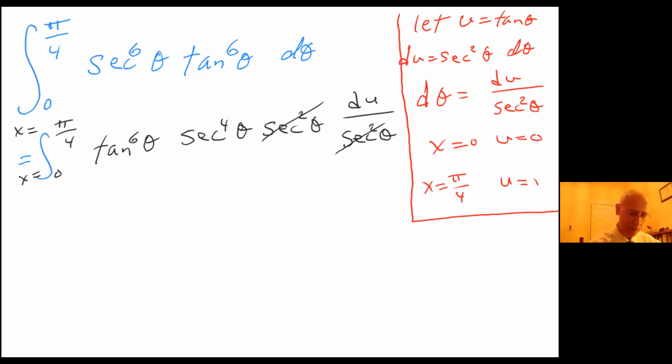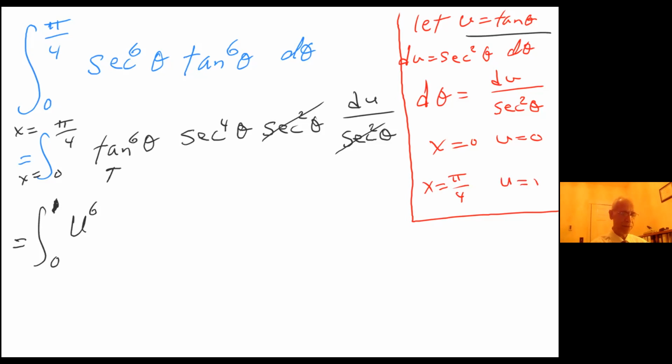So now I can rewrite this in terms of u, not x anymore. So I'm going to go from 0 to 1. And notice that we said that u equals tangent of theta. So I'm going to write this as u to the 6th power.